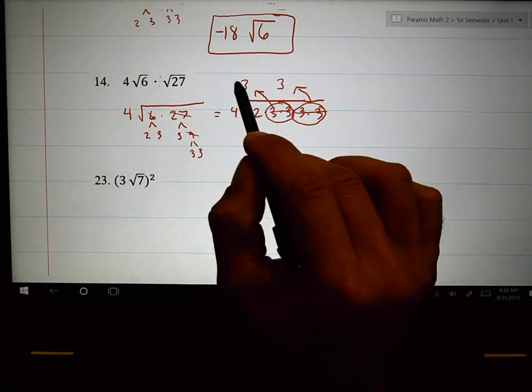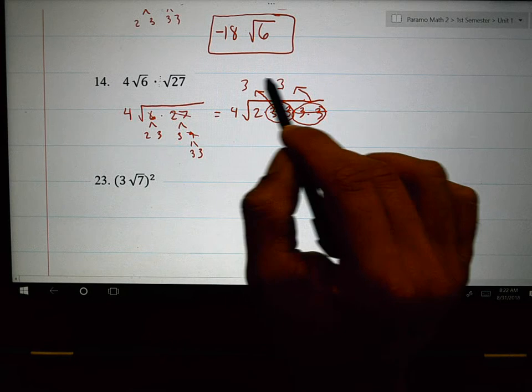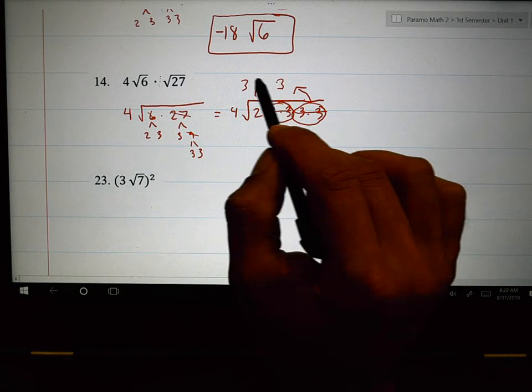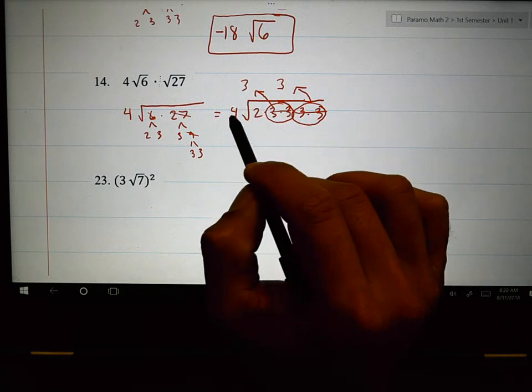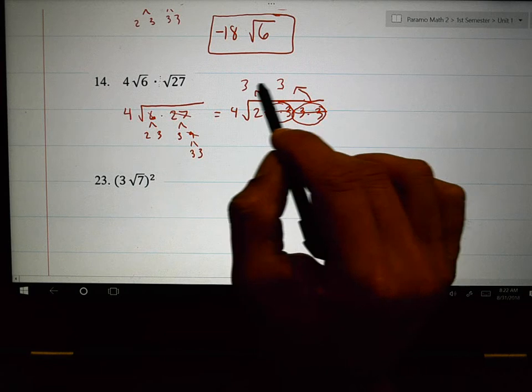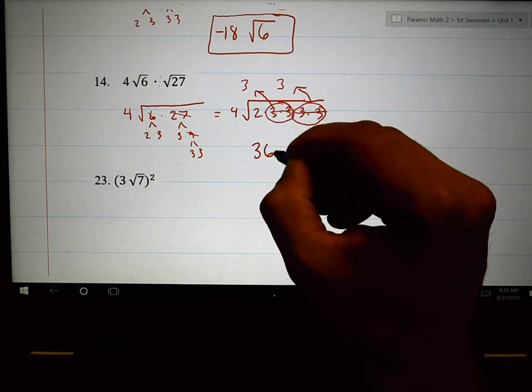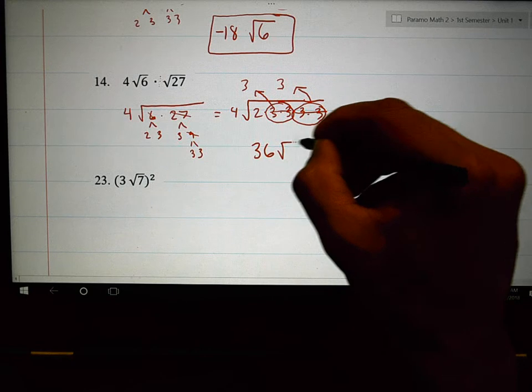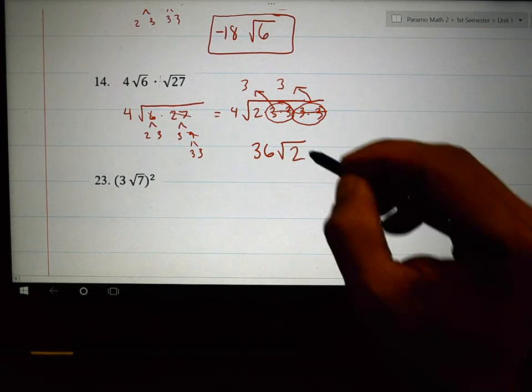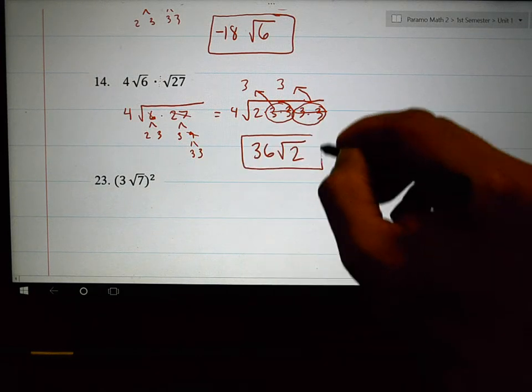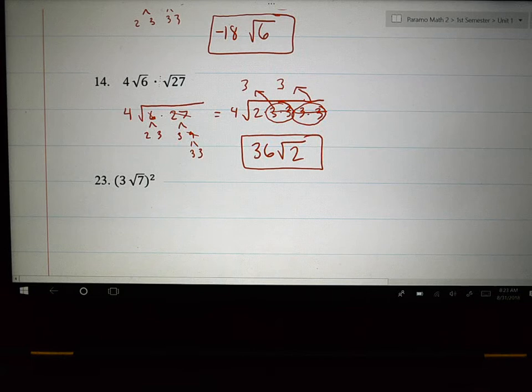If you have numbers that break on the outside, we multiply 3 times 3 times 4. 3 times 3 is 9, times 4 is 36 root, or you could say radical 2. 36 radical 2, 36 root 2 is our final answer for number 14.